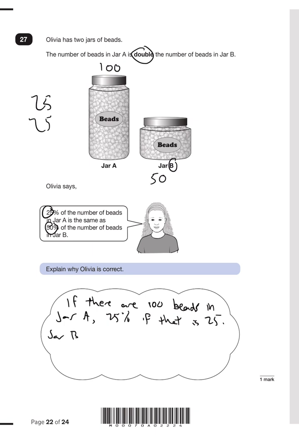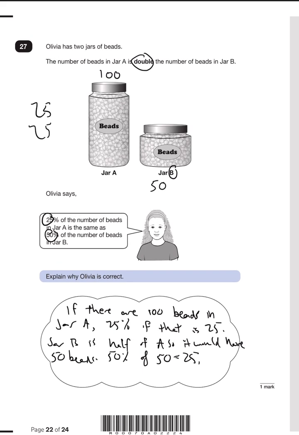Jar B is half of A, so it would have 50 beads. 50% of 50 equals 25, which is the same as the 25.